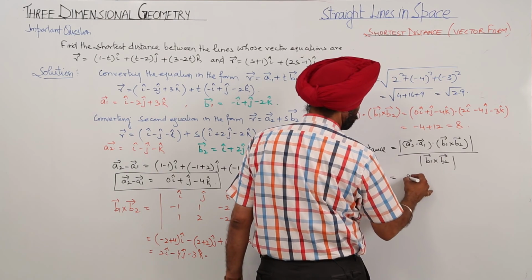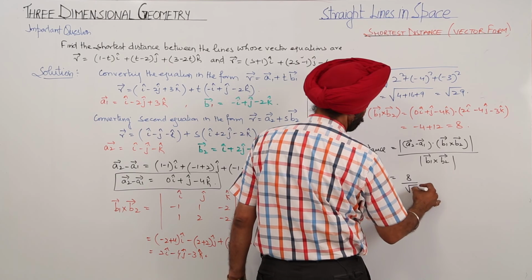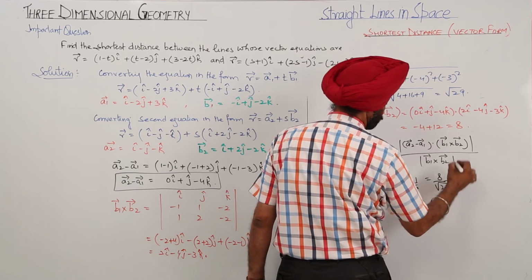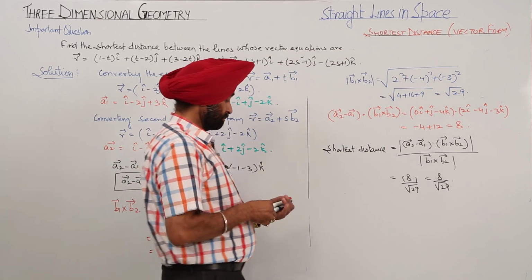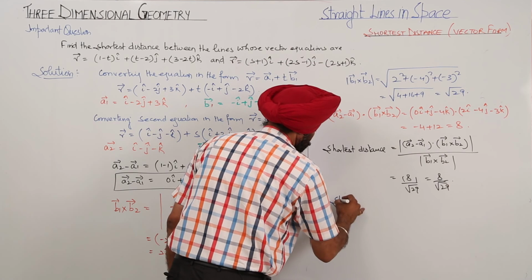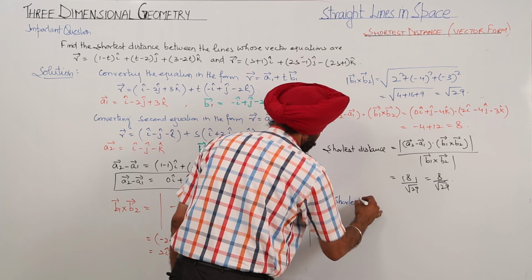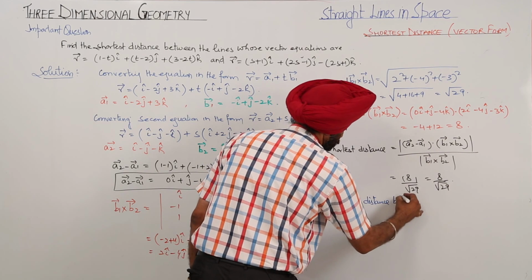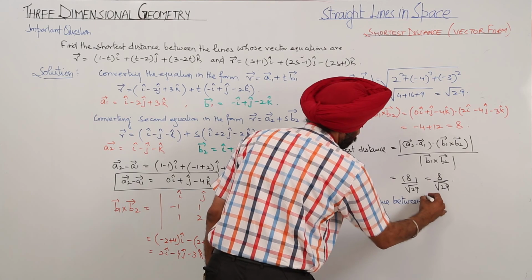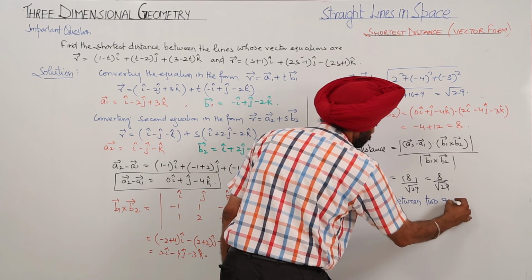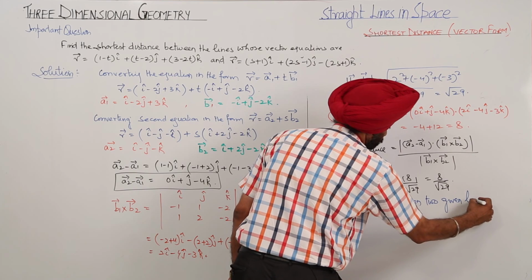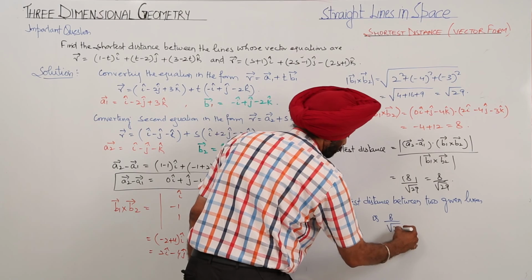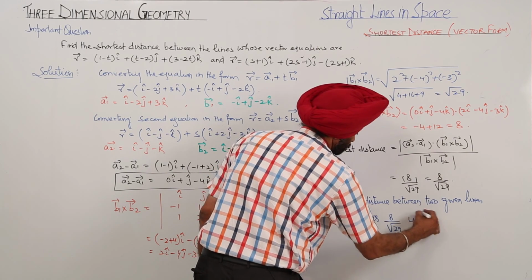Now this is equal to 8 upon square root of 29. Shortest distance between two given lines is 8 upon square root of 29 units.